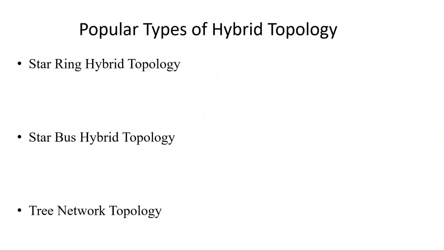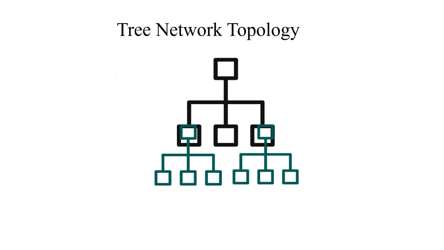Third one is the tree network topology, which is also known as hierarchical network topology. In this hybrid topology, there is a proper hierarchy.